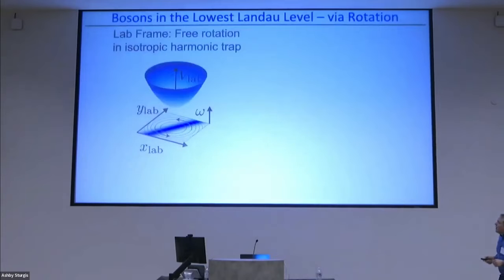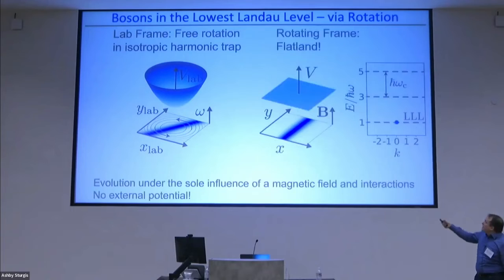So, with plain, weakly interacting bosons, can you already do some interesting stuff by going into a rotating frame? Yes, you can. You just need to remove the effect of centrifugal forces by using an isotropic trap. Then, in the rotating frame, you have perfectly flat bands.